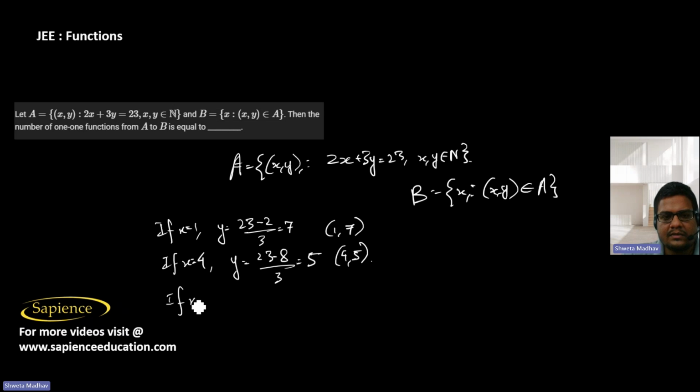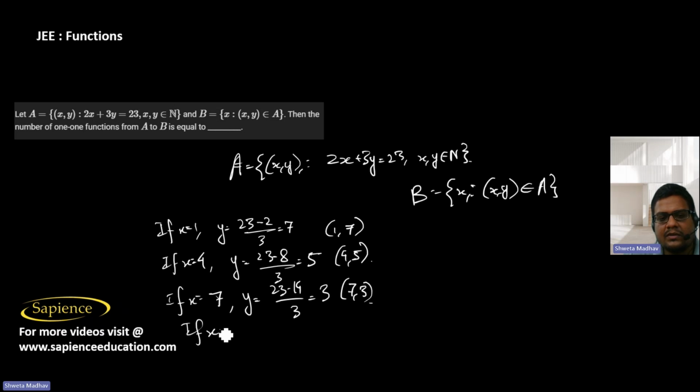And if x is equal to 5, 2 times 5 is 10, we cannot take. 6 twos are 12, then also we can't take. 7 twos are 14, we can take. So x equal to 7, then y will be 23 minus 14 by 3, that is 9 by 3, that is 3. So 7 comma 3 we can take.